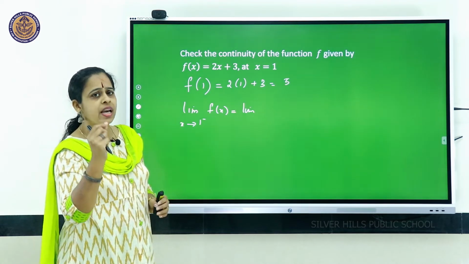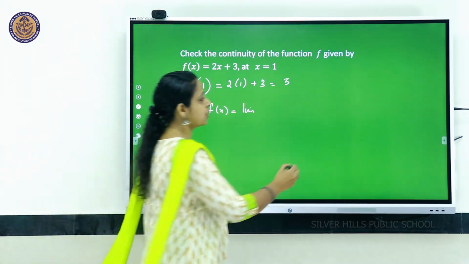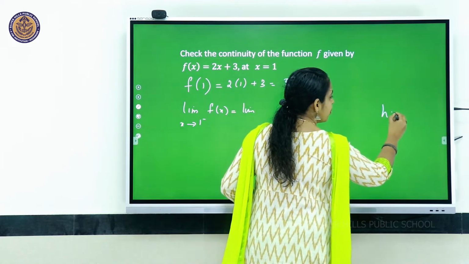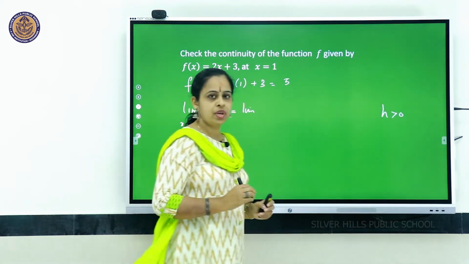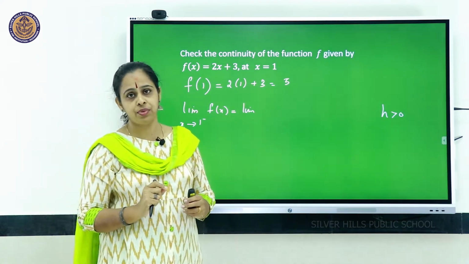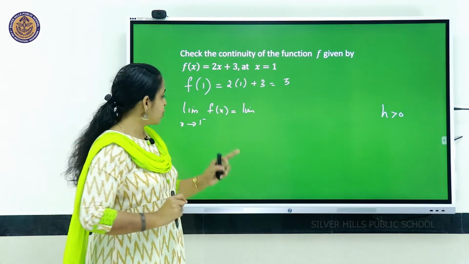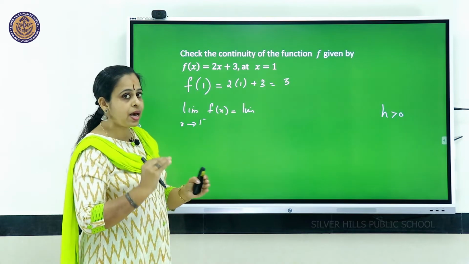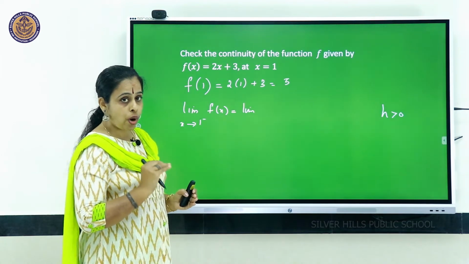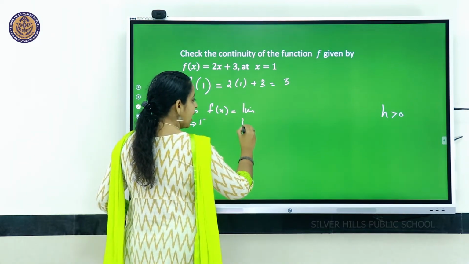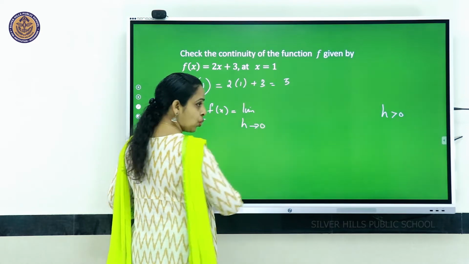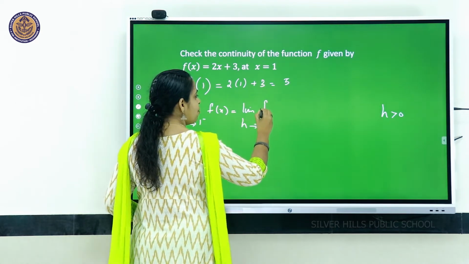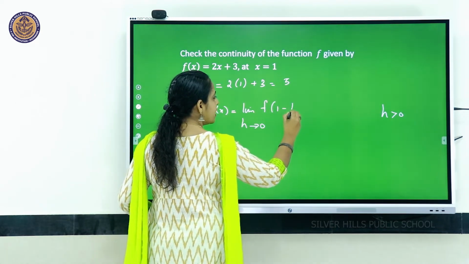Every time let us take a positive value h, a real value greater than 0. It is a very minute value. So, from 1 if you subtract that h, it will be a number less than 1. So, limit h will be tending to 0. We can write f of 1 minus h.